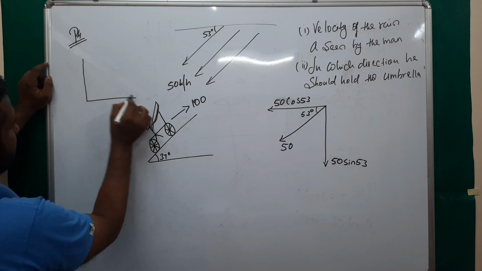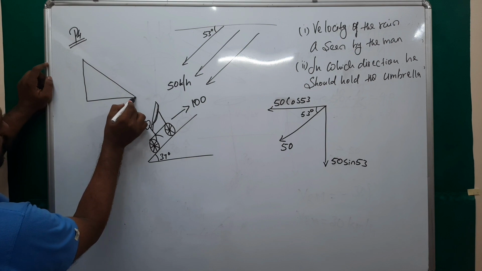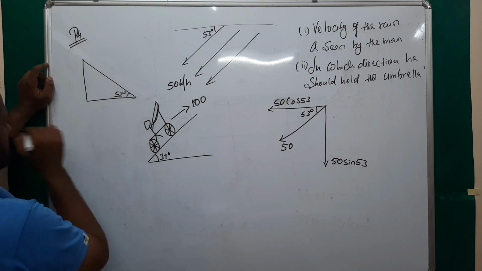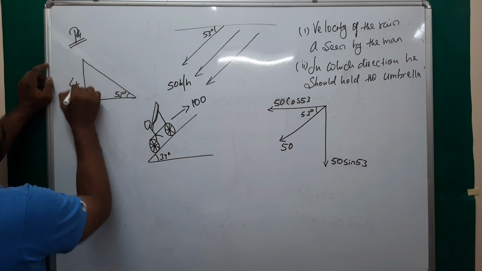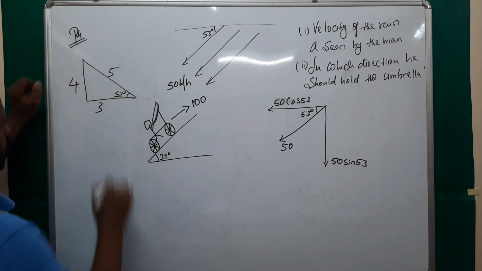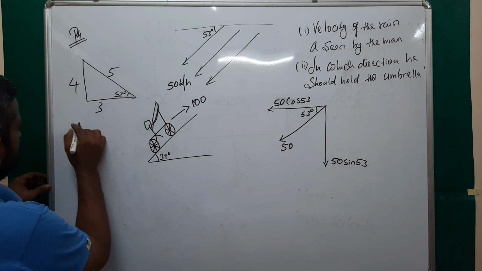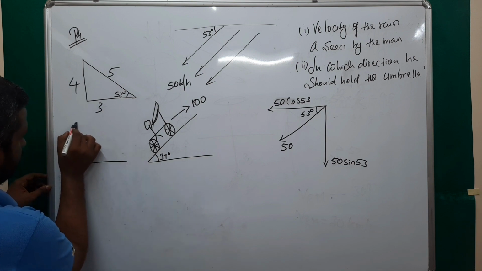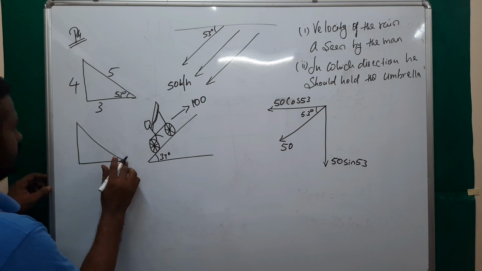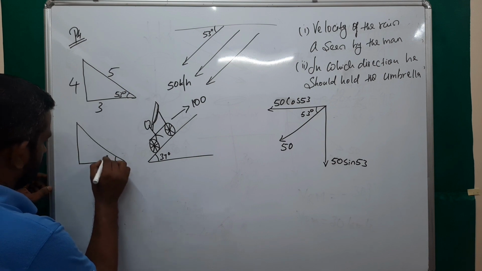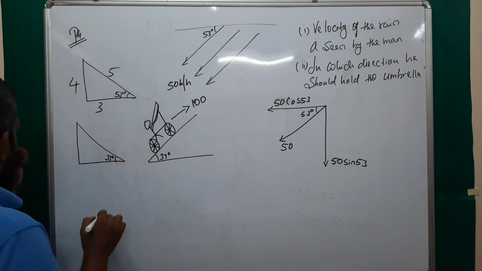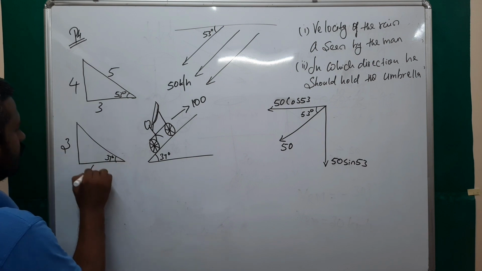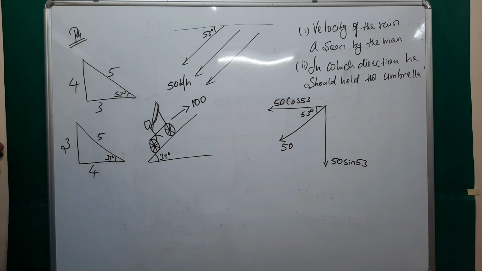Okay, so the 53 triangle is also a famous triangle. So this angle is 53, with sides 4, 3, 5. Another famous triangle is this one, with 37 degrees, which is also 3, 4, 5.